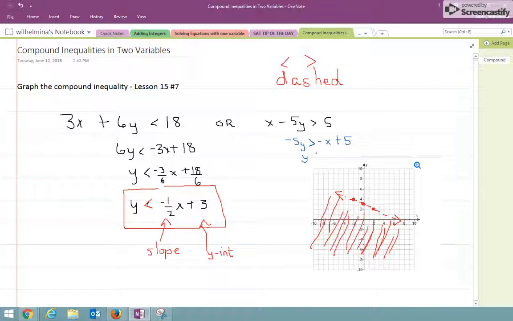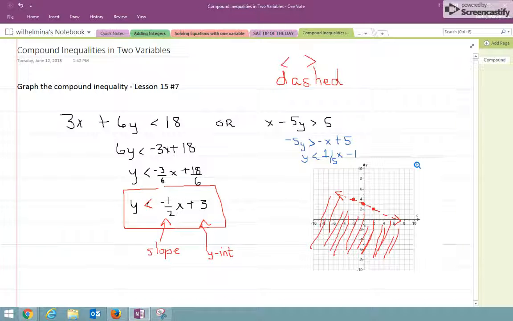So you need to change that sign. A negative divided by a negative is going to give me a positive. A positive divided by a negative is going to give me a negative. So make sure you change that sign. Remember, in inequality world, if you divide by a negative, you have to switch the sign.